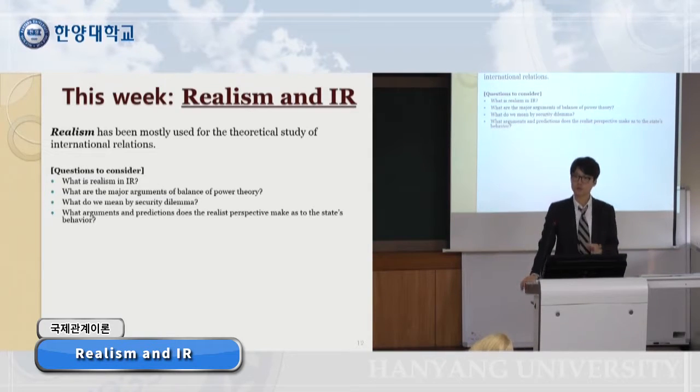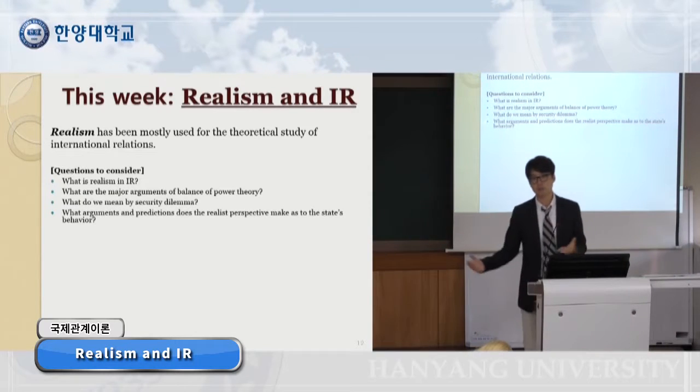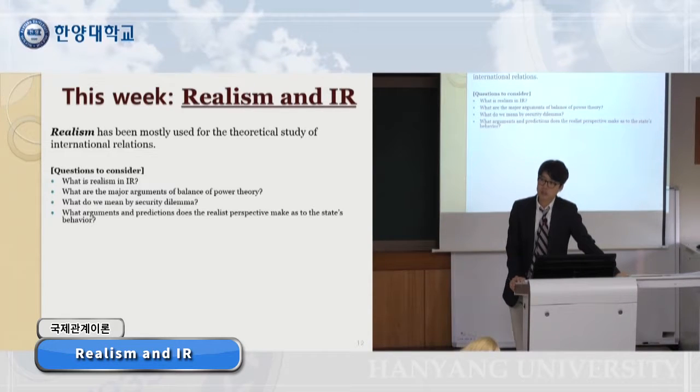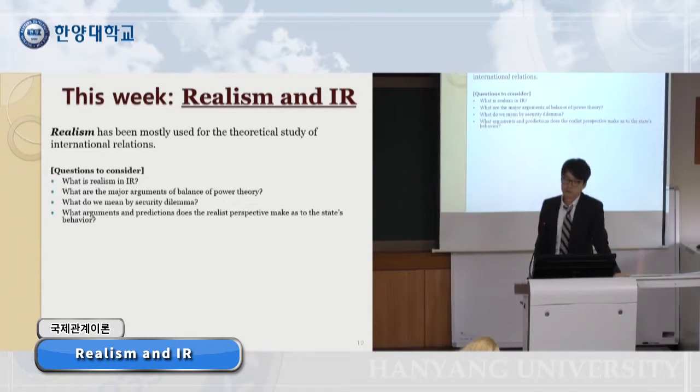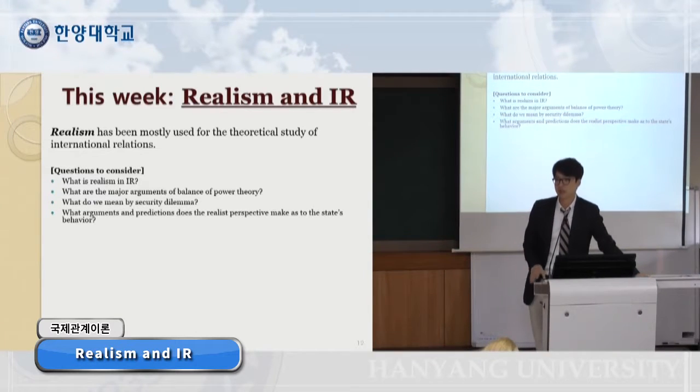Precisely because realism is interested in identifying general patterns of state behavior and discerning important aspects of international relations out of the myriad of different issues and actors. They mainly focus on states, in particular great powers, major powers.